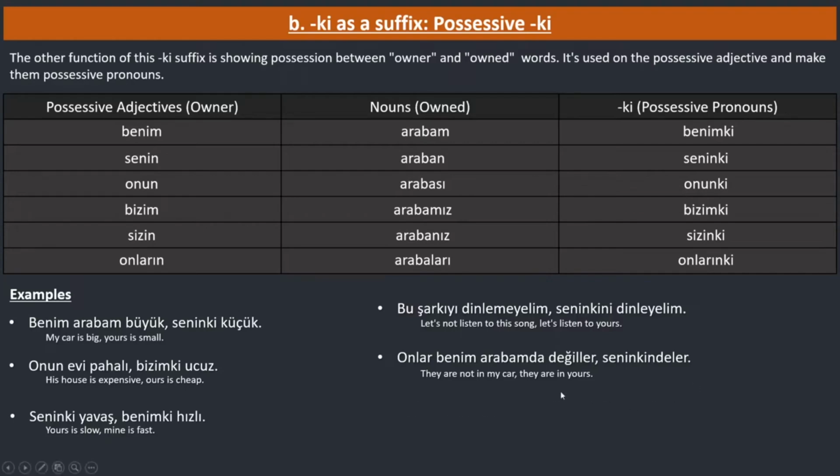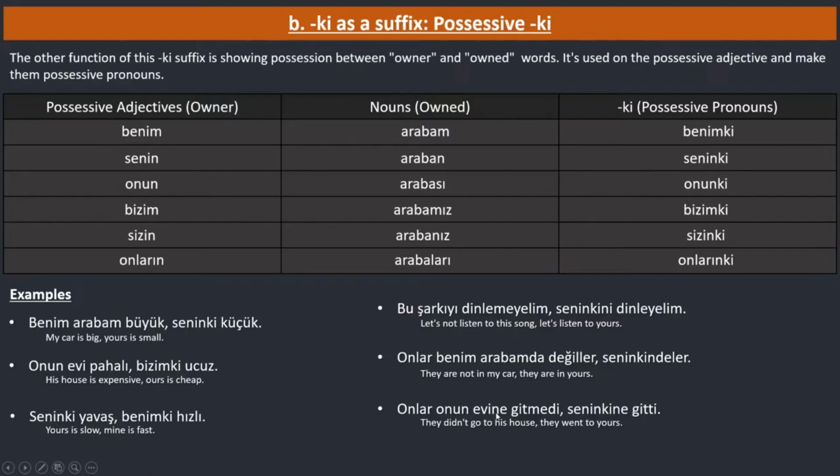Okay, so last example. Another example of moving the endings. Onlar onun evine gitmedi, seninkine gitti. Onun evi is the object here, and it is replaced with seninki.